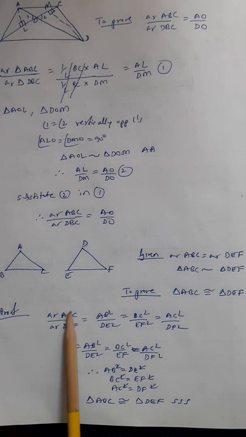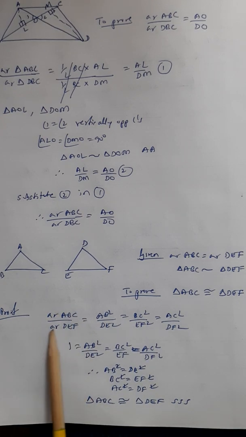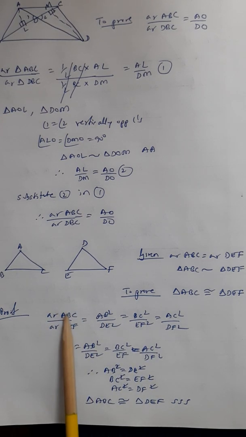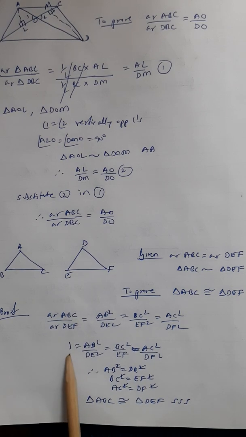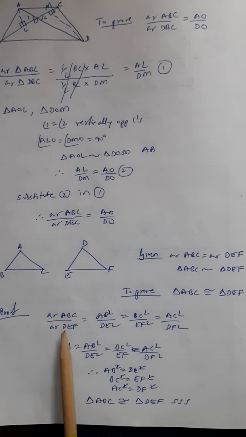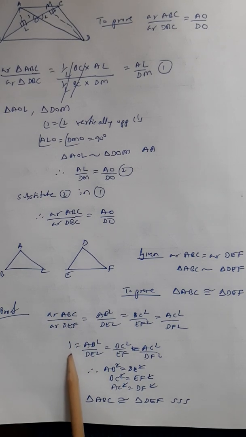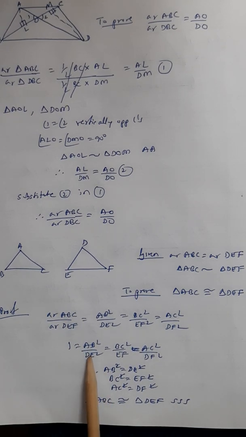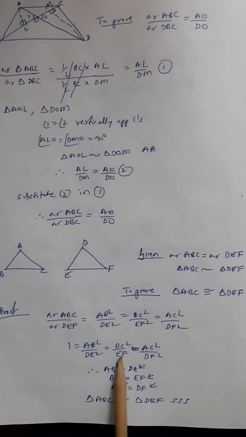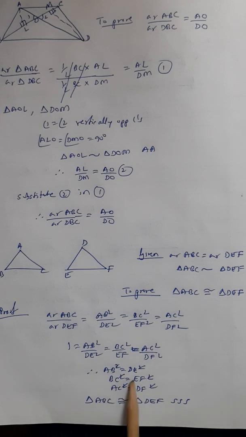Since the areas are equal, when we cancel this, anything which is equal in numerator and denominator will become 1. Ten upon 10 is 1, 100 upon 100 is 1. So these two are equal given, so we get 1 here. When we cross multiply each of these terms with 1, we get AB square equal to DE square, BC square equal to EF square, and AC square equal to DF square.